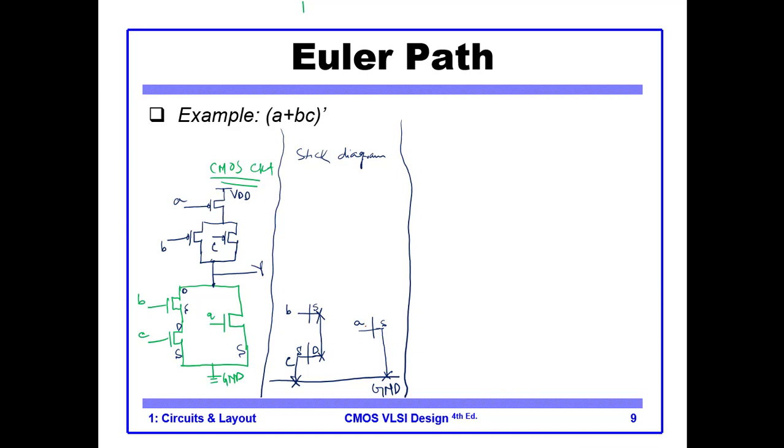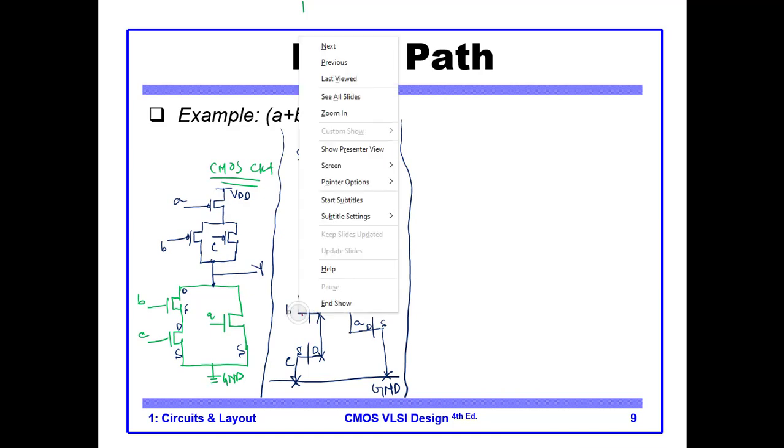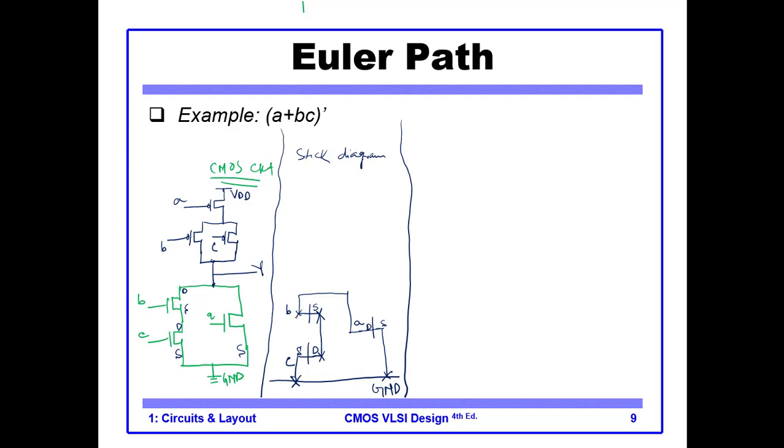Okay, and the drain of A is connected to the drain of B. Okay, this is the drain of B and this is the drain of A.